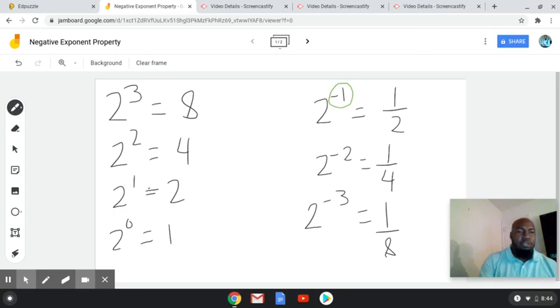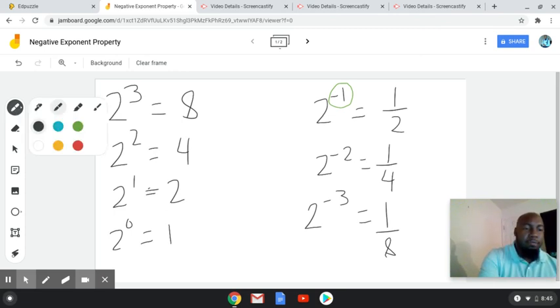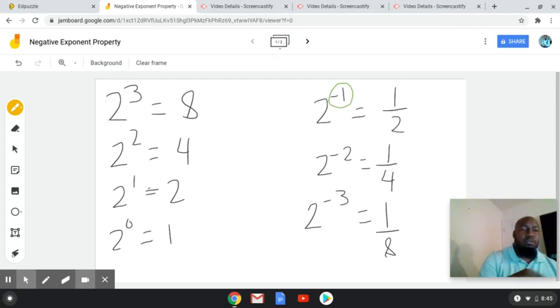Now, if you look, you can see a pattern here. Notice how if we had 2 to the first power, our answer was 2. But if you look at 2 to the -1, you got 1/2.